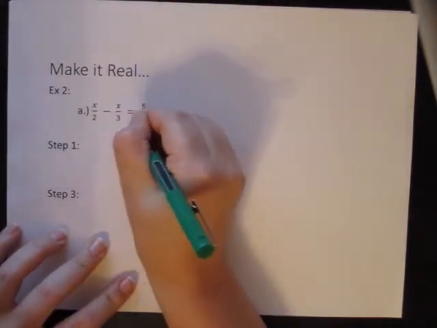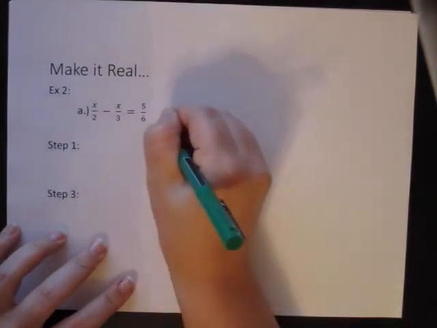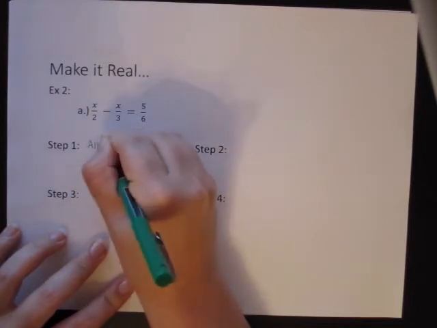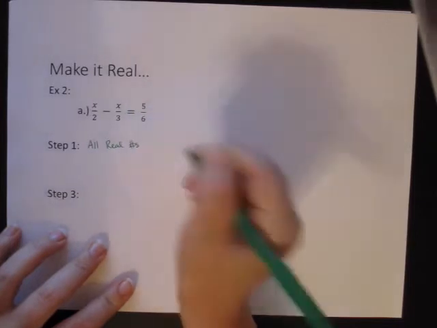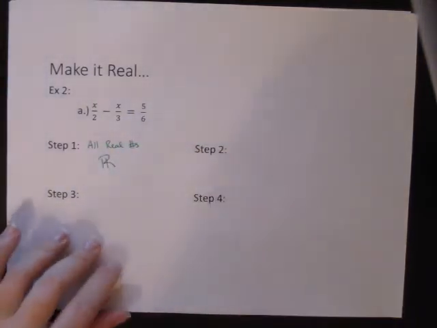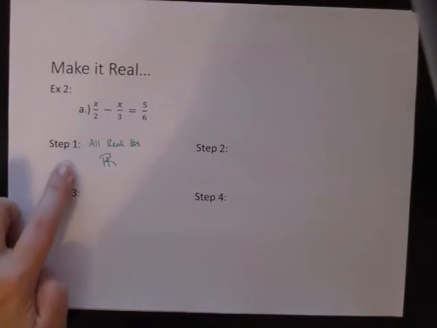If I look at the 2, the 3, and the 6, there are no variables. So since there are no variables in my denominator, my answer is going to be all real numbers. If you want to put it in symbol notation, it's just parallel lines with a little fancy R. But it's all real numbers. Either way is totally fine, but I need to see this step. A lot of people don't do this step.